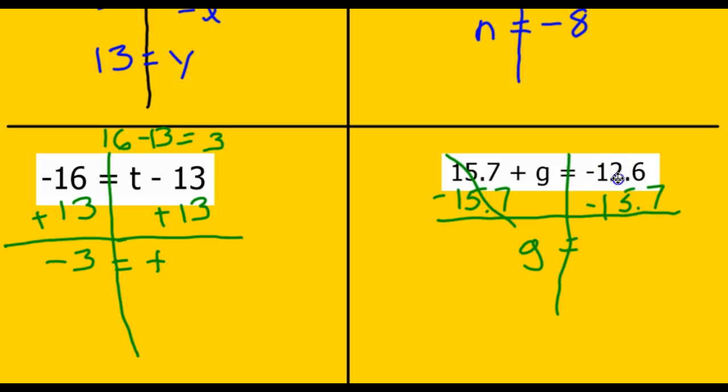So what I can do is add them together. So 6 plus 7 gives me 13. With one more, 1 plus 2 gives me 3, plus 5 gives me 8. And 1 plus 1 gives me 2. Now I keep the sign because they're both the same. I get negative 28.3.